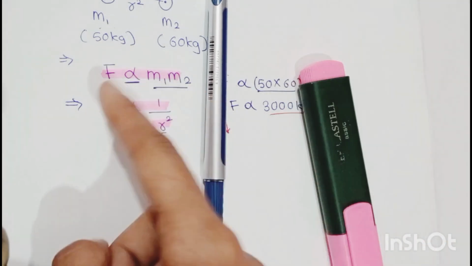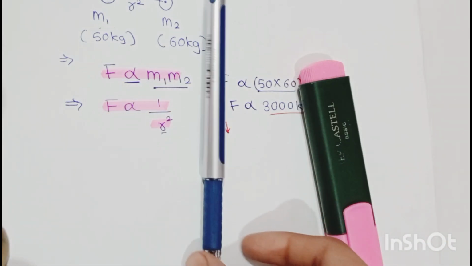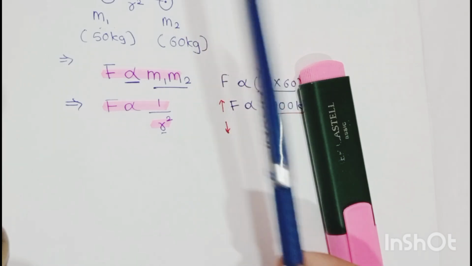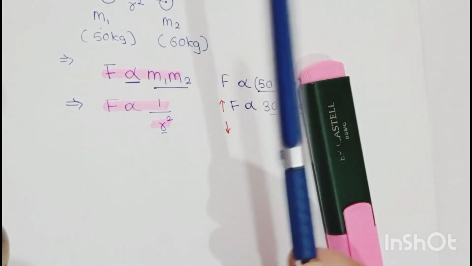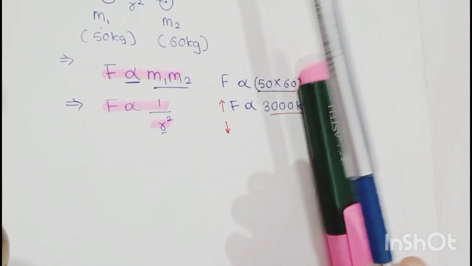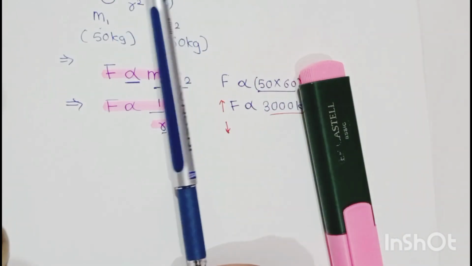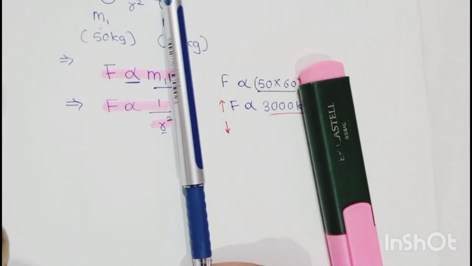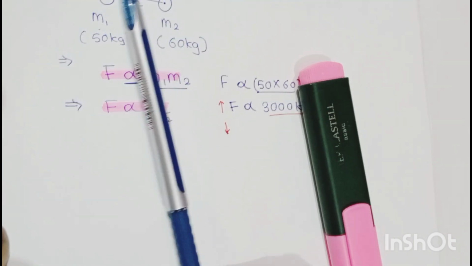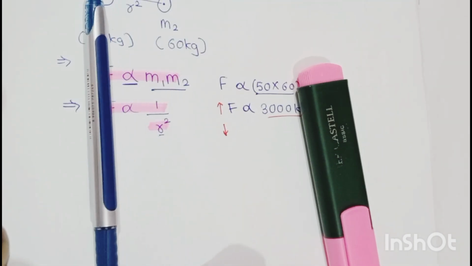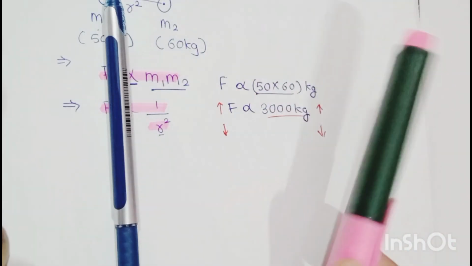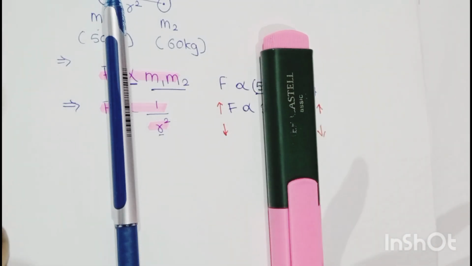As I took 50 kg, I will just take this as 50 kg. I know it is not 50 kg, it's in grams, maybe 50 gram or something, but I took 50 kg. Now let it be. This pen's mass is 50 kg, I placed it here, and the mass of this highlighter is, let's say, 60 kg.